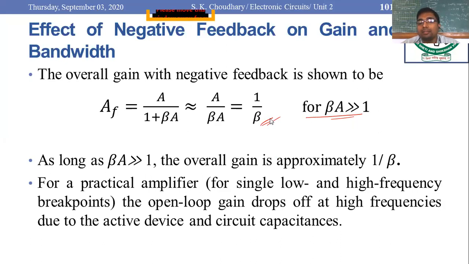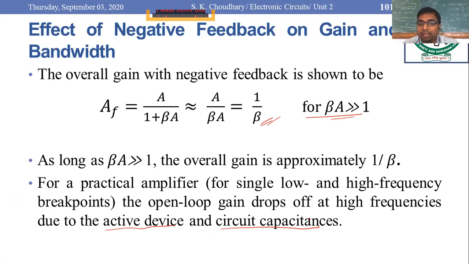But for practical amplifiers, the open loop gain drops off at high frequency due to active device and circuit capacitance. So this point we have already discussed in chapter 1. At the high frequency region, the gain would drop because of the internal junction capacitance of the MOSFET.